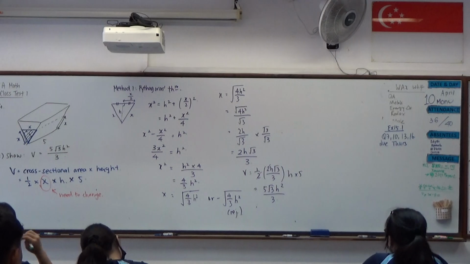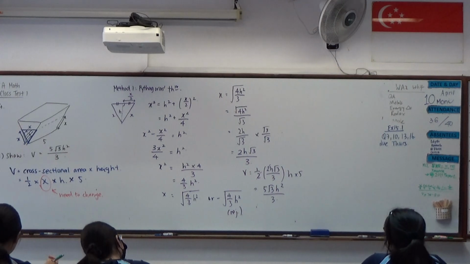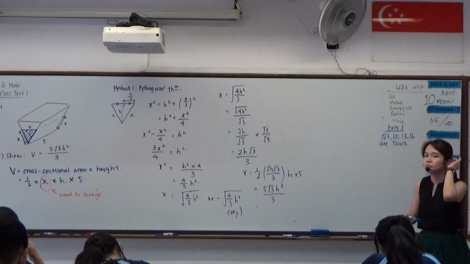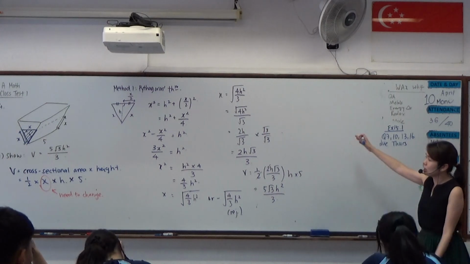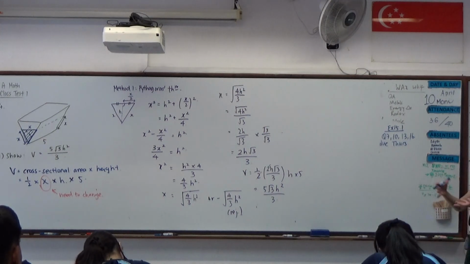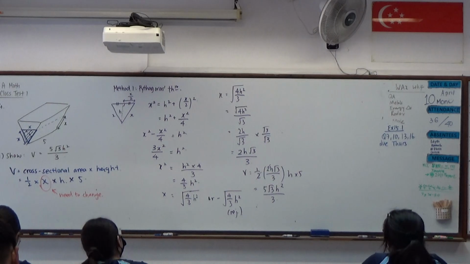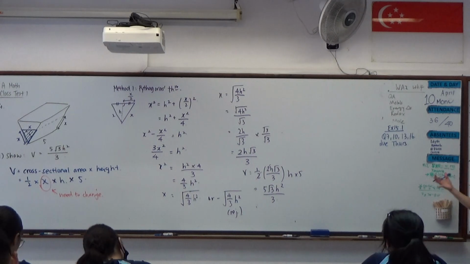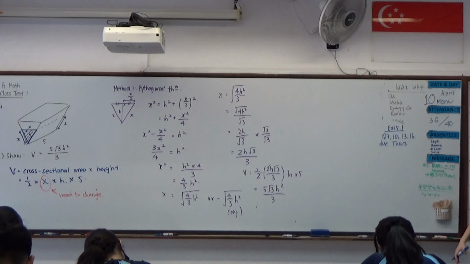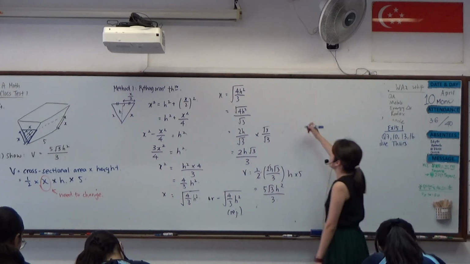Okay, so that is if you use Pythagoras theorem. Okay, of course, the steps could actually possibly be more condensed, may not be so long. I just try to emphasize certain things, that's why I had it more specific. Okay.